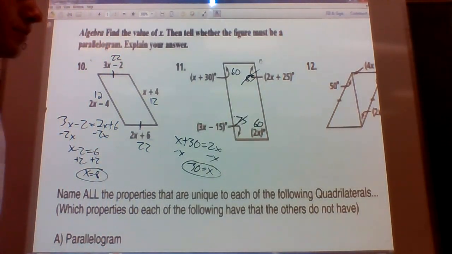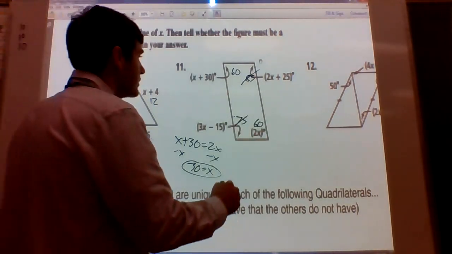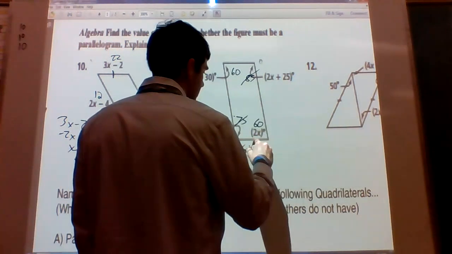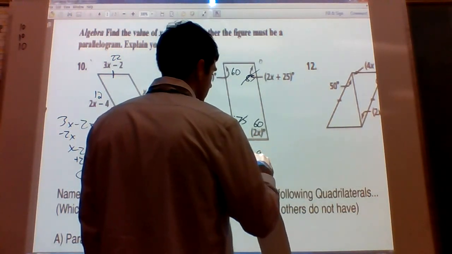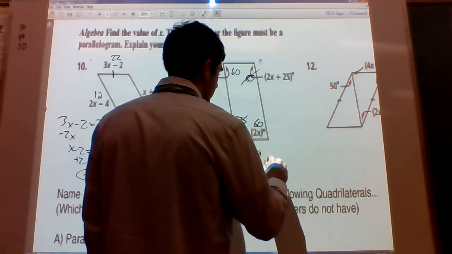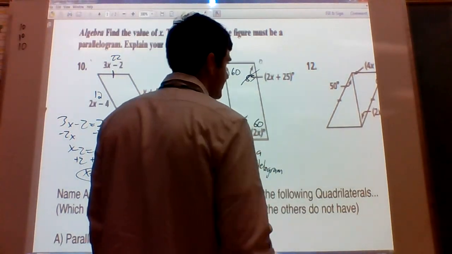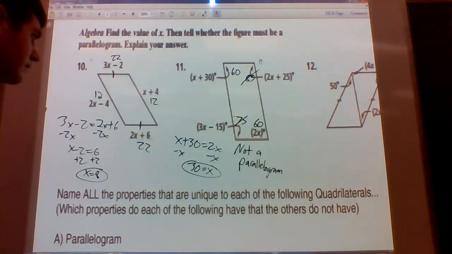So this is not going to be a parallelogram. We would need all consecutive angles to be supplementary and all opposite angles to be congruent. So this one is not a parallelogram. This one is a parallelogram.